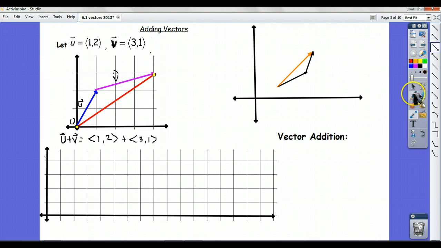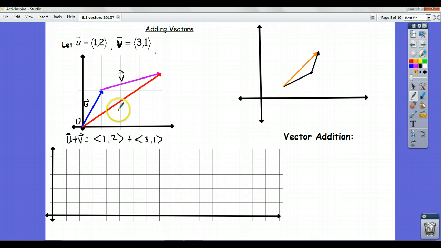It's the result of traveling on u and then traveling on v. I'll call this the head to tail, or tail to head rather, method, which is a geometric method of adding vectors.